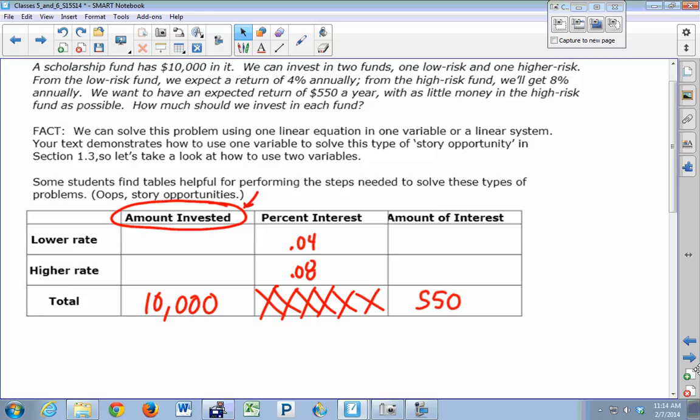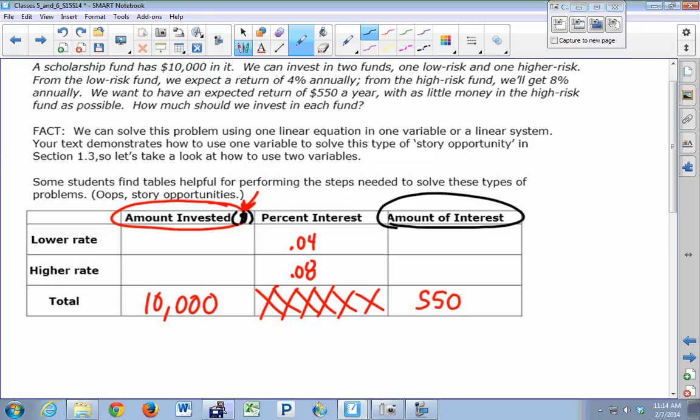So if you look at the first column here, notice it says amount invested. That's certainly a number when you say amount. The only thing I don't like about what I did here is I didn't put the unit, so I would put dollars there. Notice the other idea of this problem involves the interest you earn on each investment. Excuse me. And that also should have a dollar after it.